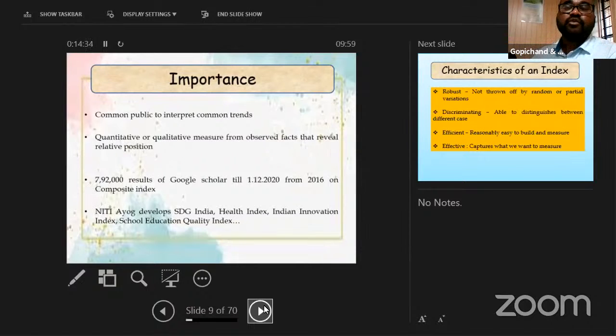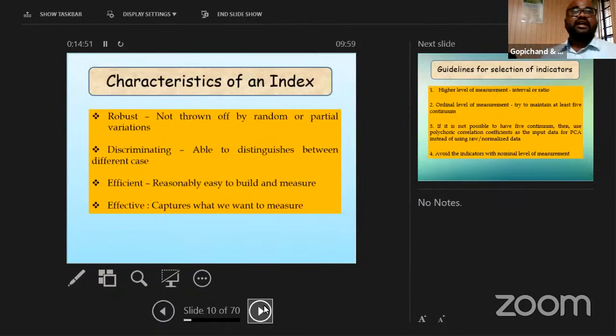This gives the real importance of the index and how it is growing. Even Niti Aayog develops the Sustainable Development Goals India Index, Health Index, Indian Innovative Index, School and Education Quality Index. Coming to the characteristics of the index, it is robust.